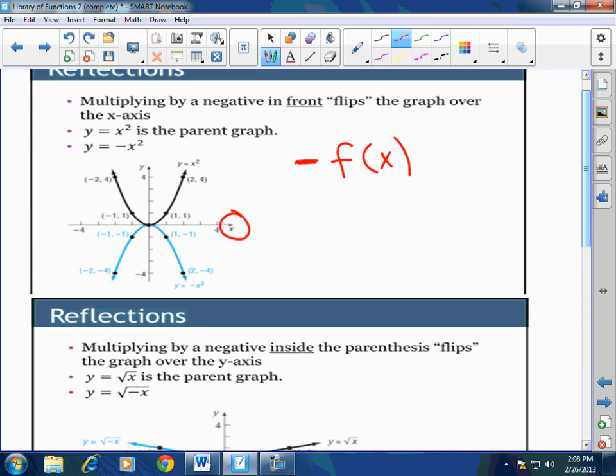That's why y = x² is pointing up, y = -x² is pointing down. I multiplied the whole entire function y = x² by a negative. So I got y = -x². Negative's on the outside, in the front. It goes down. It reflects over the x-axis.